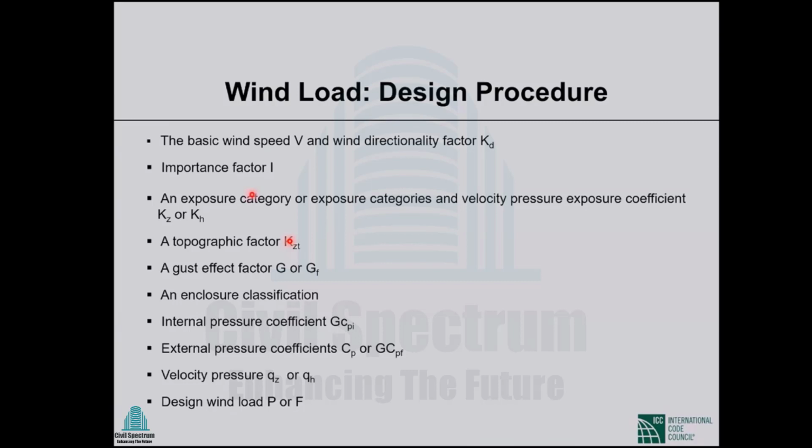So it has become a little bit different. A topography factor, if it is on a hilltop or different types of topographies are mentioned in the code, in a table actually. So based on the topography pattern, you have to consider a topography factor.